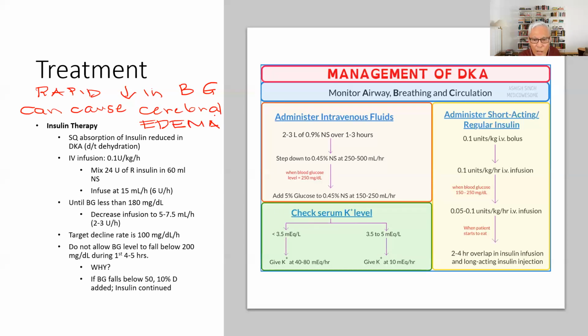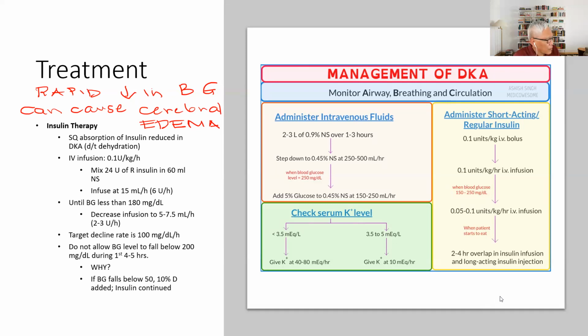That is the reason why we have to do it slowly, or gradually, I should say, in order to prevent the water rapidly going into the brain, which would cause cerebral edema.